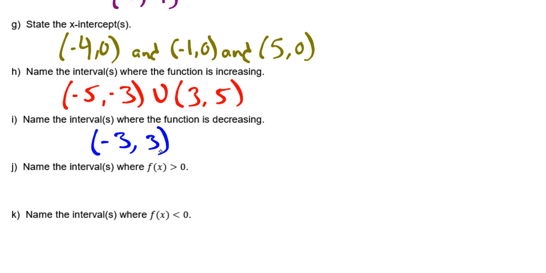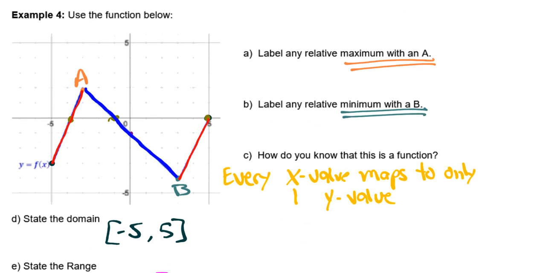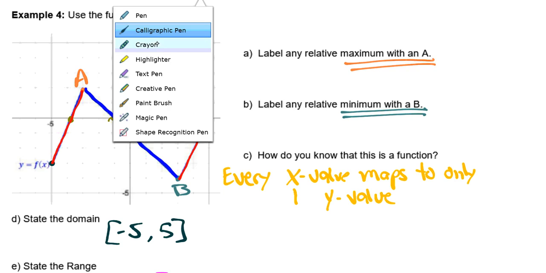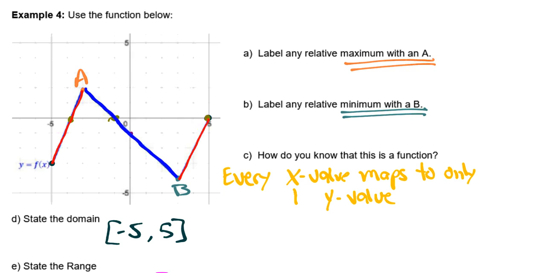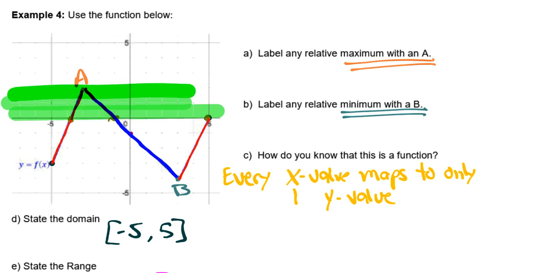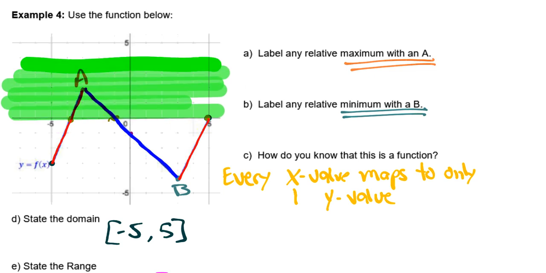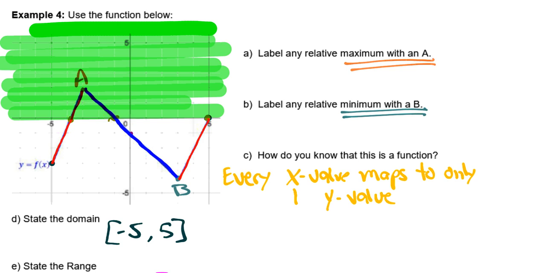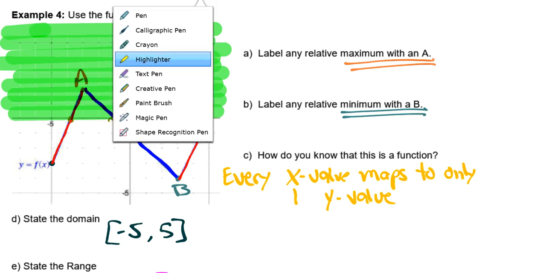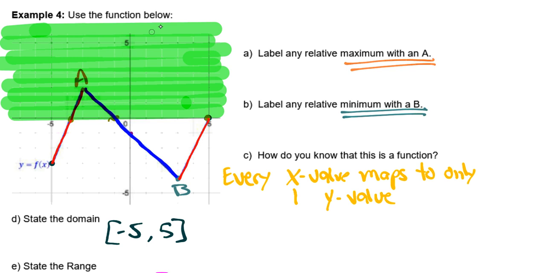That's where it decreases. And now we get to positive and negative. Back to the old, let me highlight this thing. Above the grass or under. So above is going to be anywhere the y values are positive. Okay, so up in this zone here is where my graph is positive.